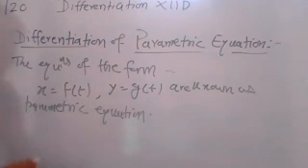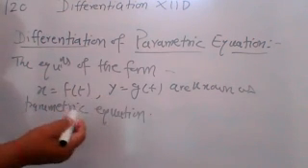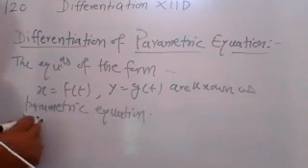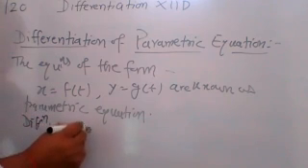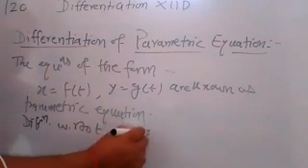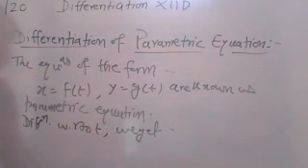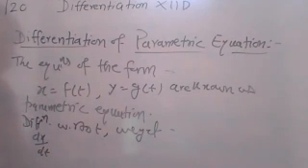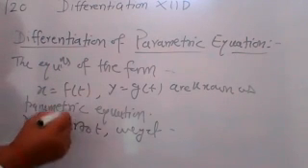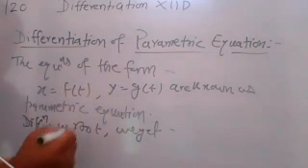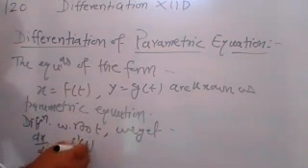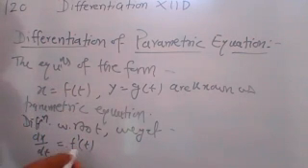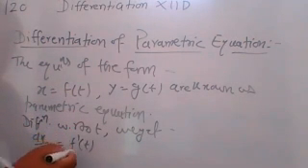So what you do, first of all, you have to differentiate the given equations with respect to the parameter. So you write here, differentiating with respect to t, we get dx upon dt is equal to f dash t, or you can write d by dt of f t.